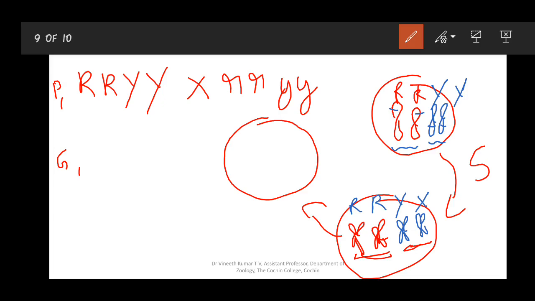The metaphase arrangement and anaphase movement is what we are going to see now. So they are arranged in pairs like this. This is one pair, capital R and capital R.